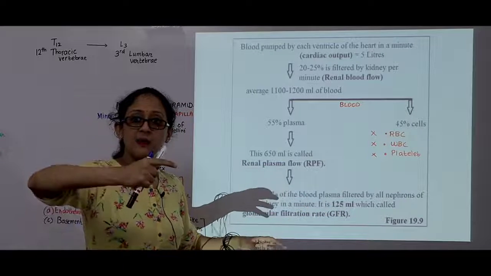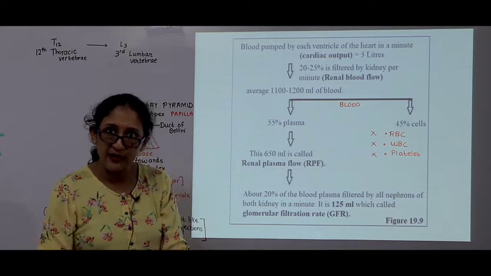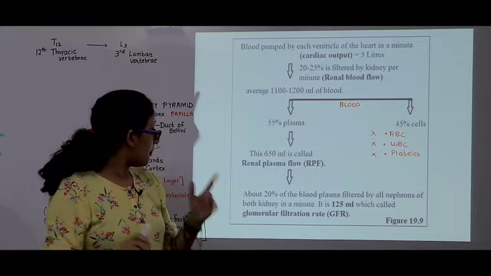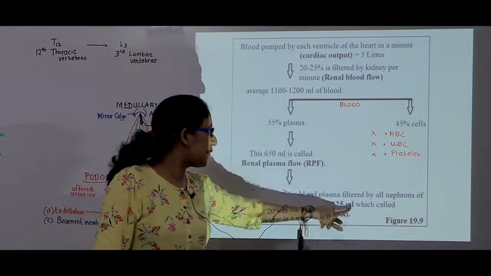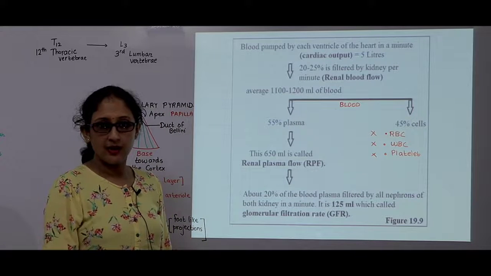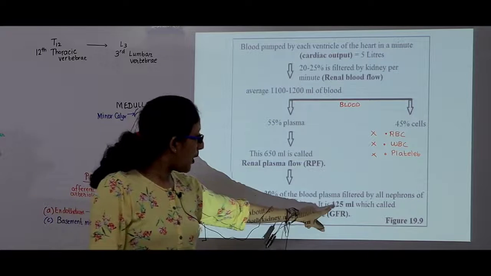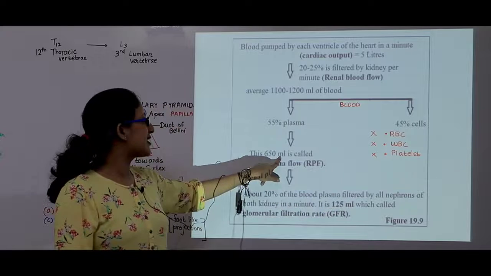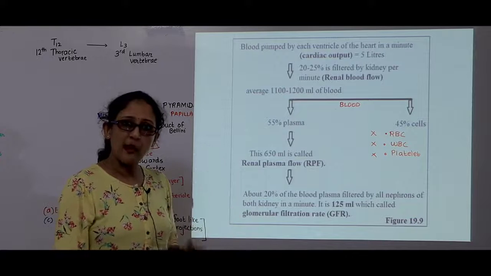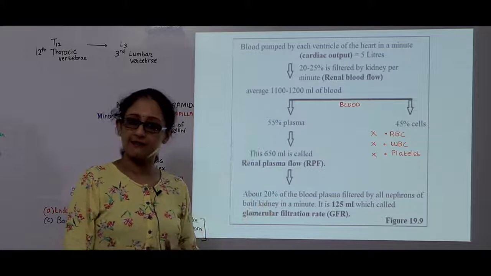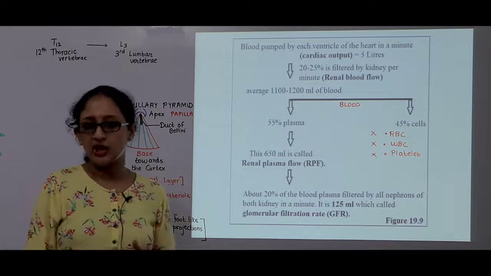I told you 10 comes in, 7 goes out. So what remains? That gets filtered. So here what is being filtered? The part which is being filtered is 125 ml. So what is filtration fraction? Filtration fraction is 125 ml out of 650. That is 1/5 or 20%. So that is how you get 20% as the filtration fraction.